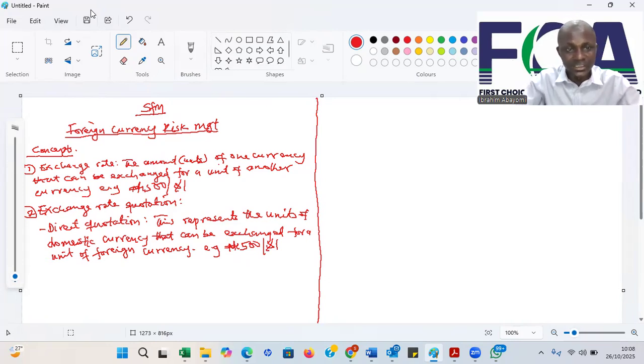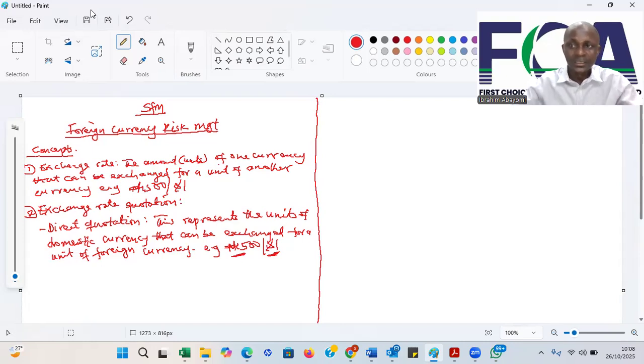So when you have an exchange rate like this, we say the quotation is a direct quotation, because naira comes before dollar. Naira is the left hand side, and the dollar is the right hand side. The left one is called the base currency, and the right one is called the price or quote currency.